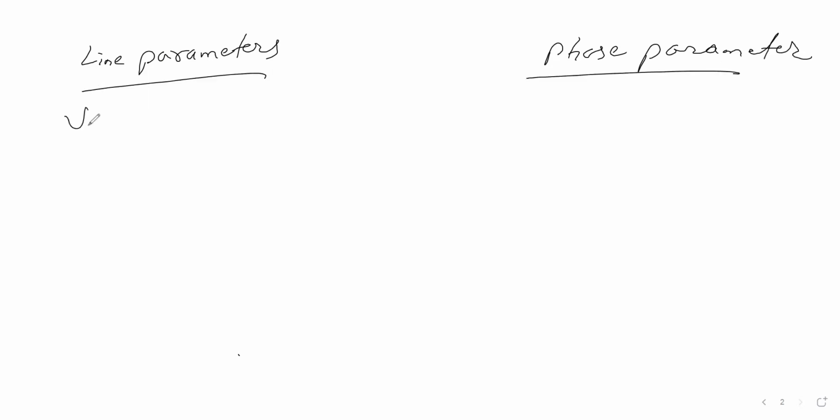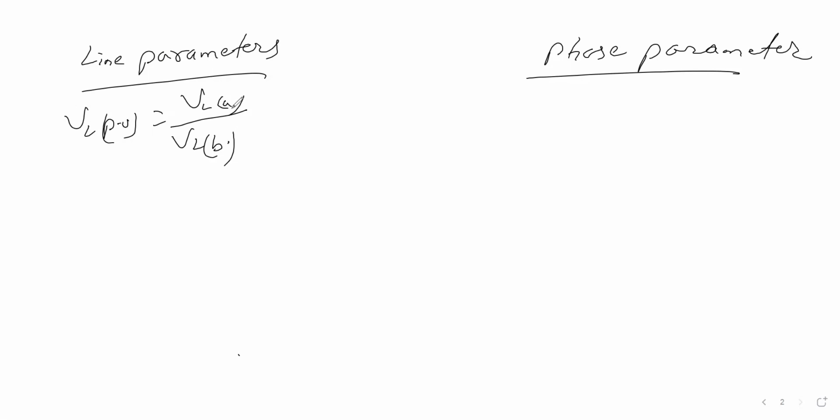As we know, our per unit equation, if we go for line parameters, considering your line parameters and over here phase parameters, we could write VL per unit as VL actual by VL base. A is for actual and B is for base.